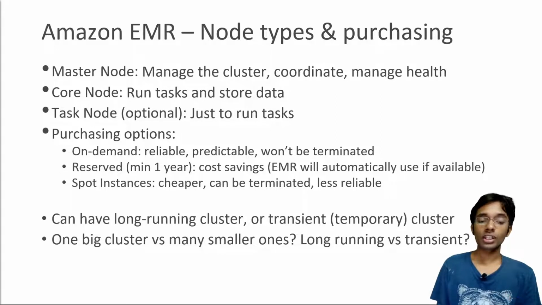And long running means that your jobs can be submitted over time, or transient means that you just create a big data cluster just for that one time, one job, and then when the job is over, everything will be terminated. So for all these use cases for EMR, it's just a matter of figuring out what your requirement is.